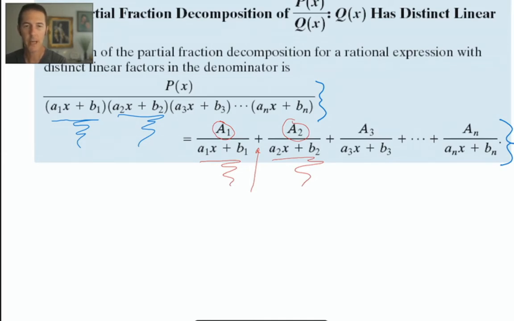How did I know to put an A and a B in my numerators? Notice that this term right here has a multiple of x in it. It says a sub 1 times x. And this second term, b sub 1, does not have an x associated with it.